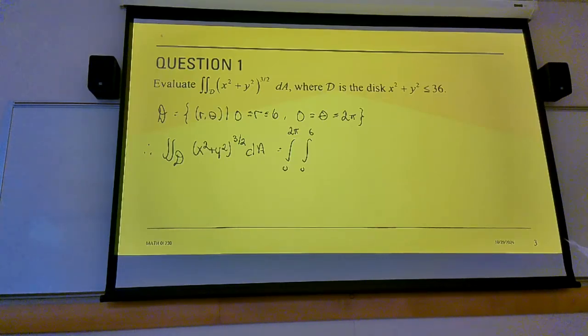Just r cubed. And then times the r. Now you write out dA. Until you get the hang of it, I would do it in that way: first convert the integrand, then write r dr d theta, instead of trying to incorporate that r in. As we get better with it, I may start doing that. So we get r to the 4th dr d theta.